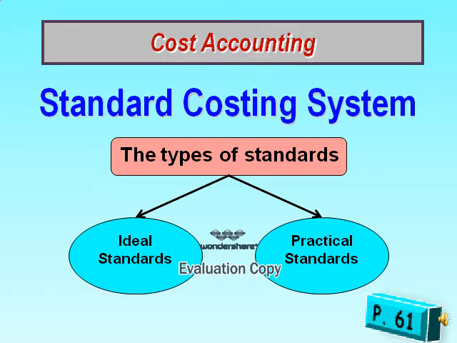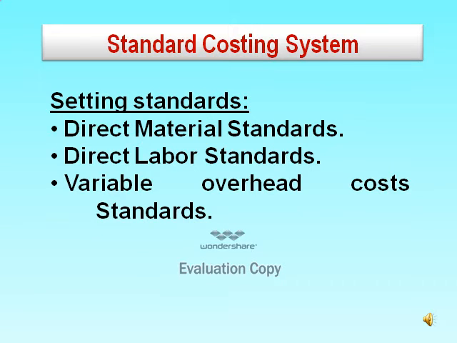Practical standards are standards that are tight but attainable. That means there are normal machine downtime and employee rest periods. In this lecture, I will explain setting standards for direct material, direct labor, and variable overhead cost using practical standards.